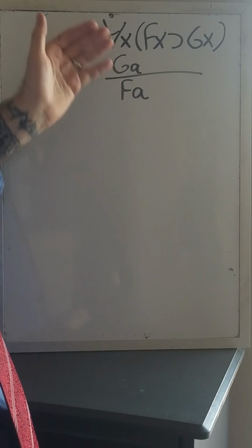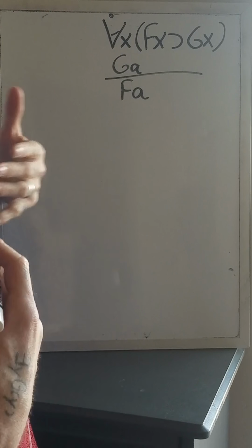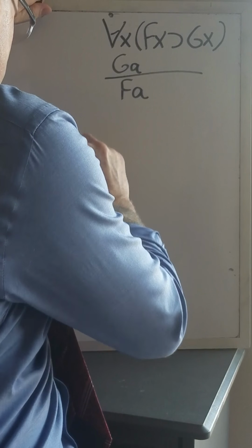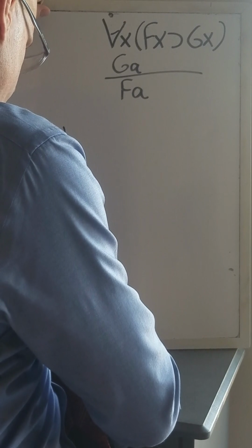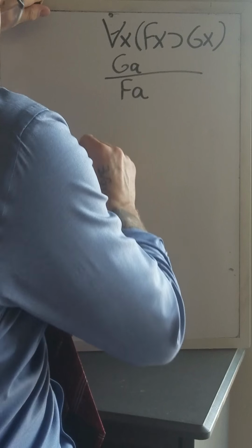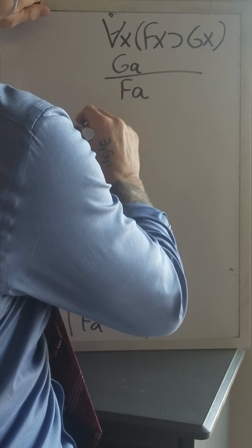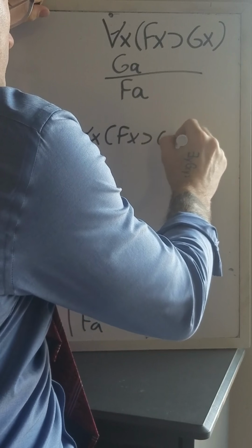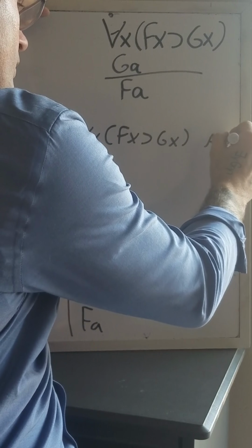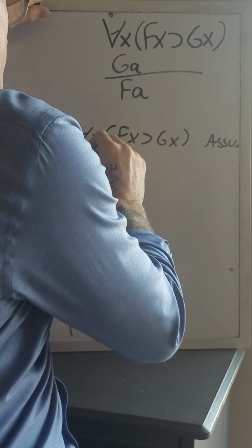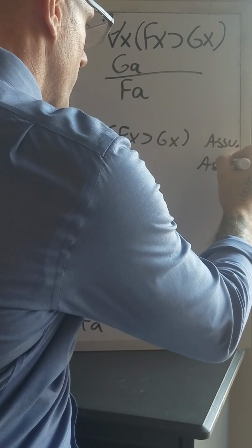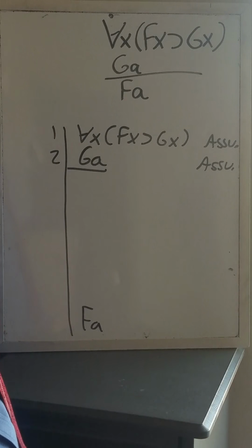But let's say we didn't really have any intuitions about this and we went about trying to prove it. We went about trying to get a derivation. All right, well, I don't know.